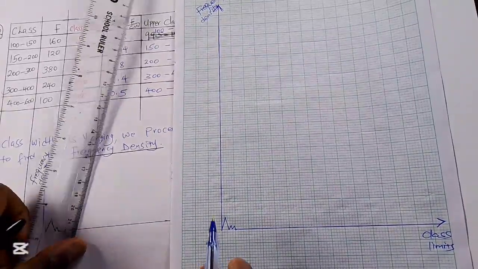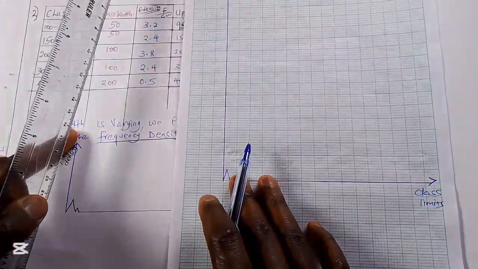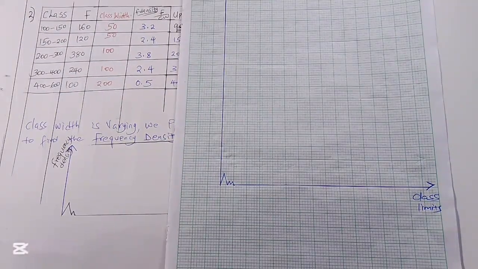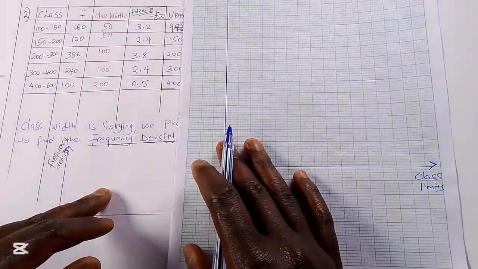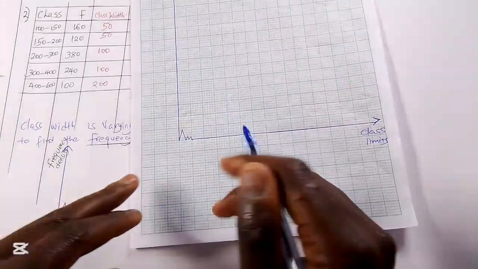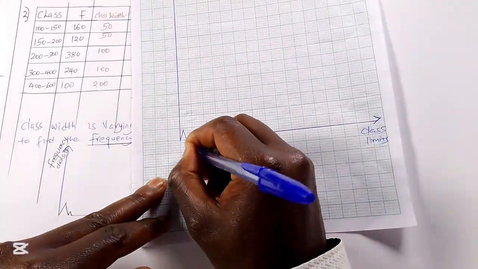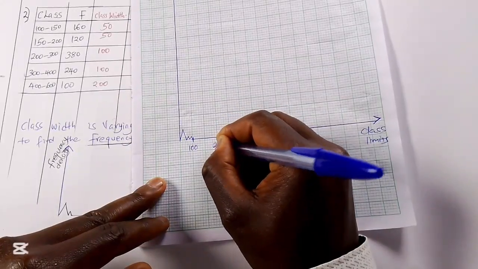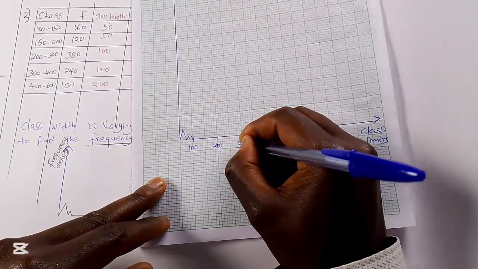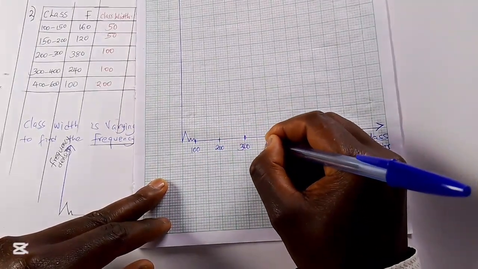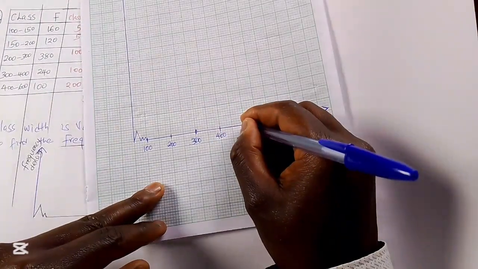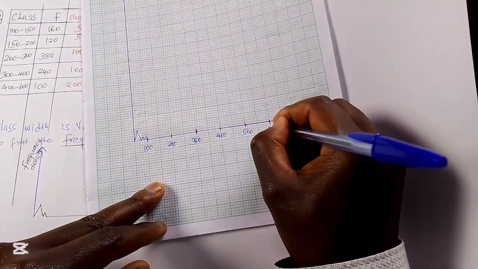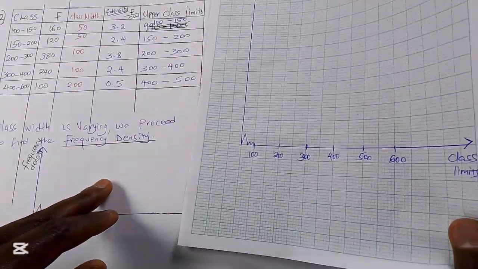So what we are now going to do is represent this on a graph paper, and we will get a suitable scale for this. We can start with 100 here, then 200 here, 300 here, 400 here, 500 here, and 600 there.